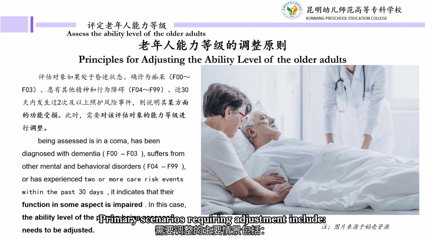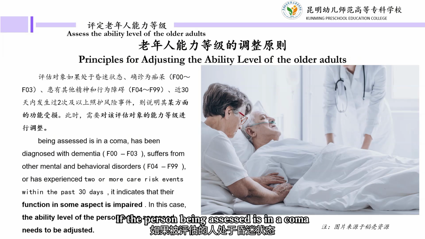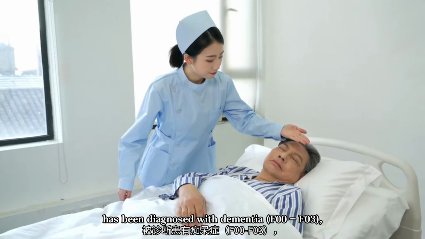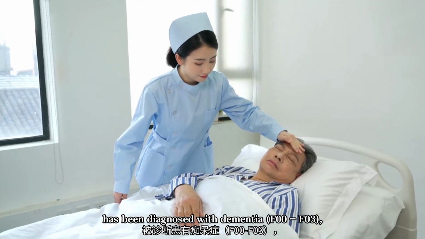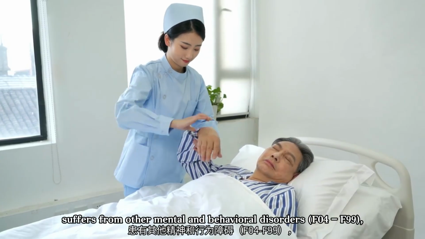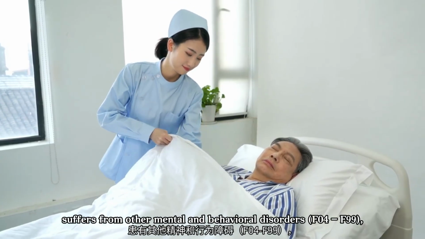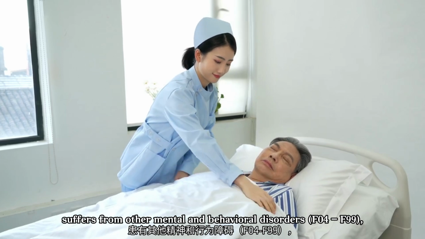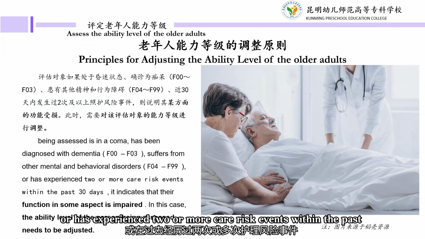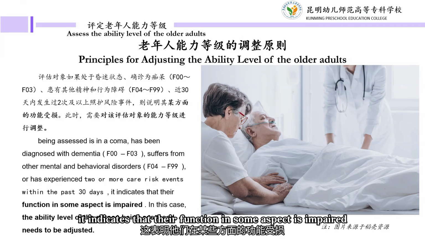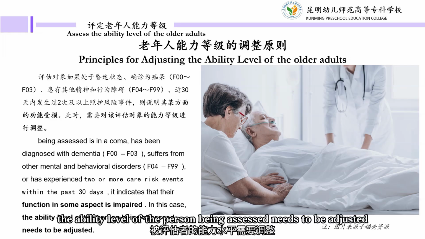Primary scenarios requiring adjustment include: if the person being assessed is in a coma, has been diagnosed with dementia F00, F03, suffers from other mental and behavioral disorders F04, F99, or has experienced 2 or more care risk events within the past 30 days, it indicates that their function in some aspect is impaired. In this case, the ability level of the person being assessed needs to be adjusted.